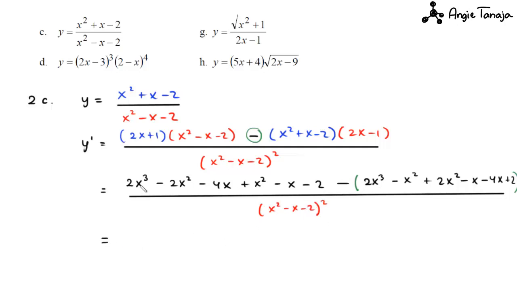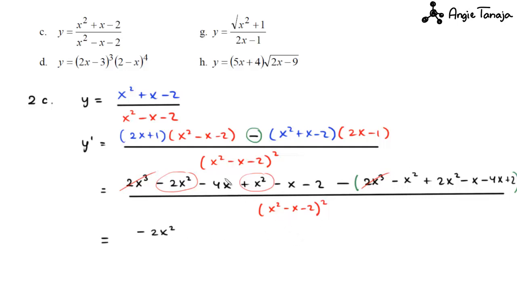So let's take a look at which ones we can cancel. 2x cubed we can cancel. For the x squared, we have negative 2, so it becomes negative 1 plus 1, so it becomes 0, negative 2x squared.